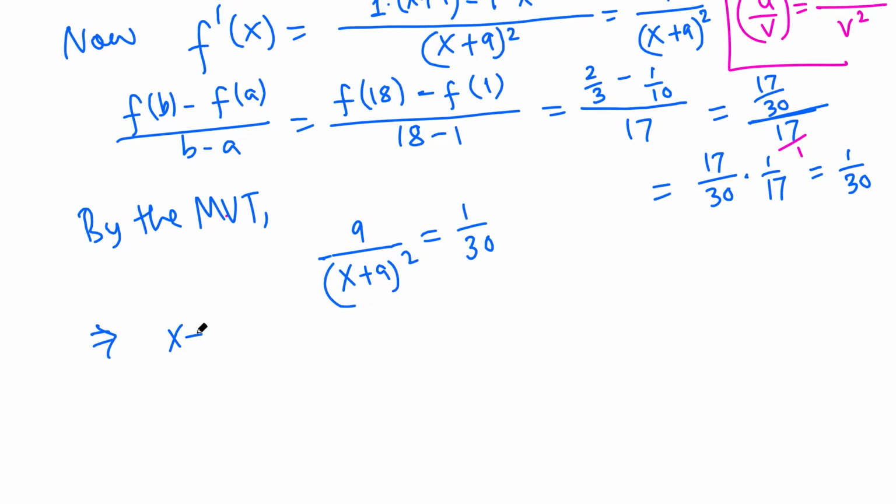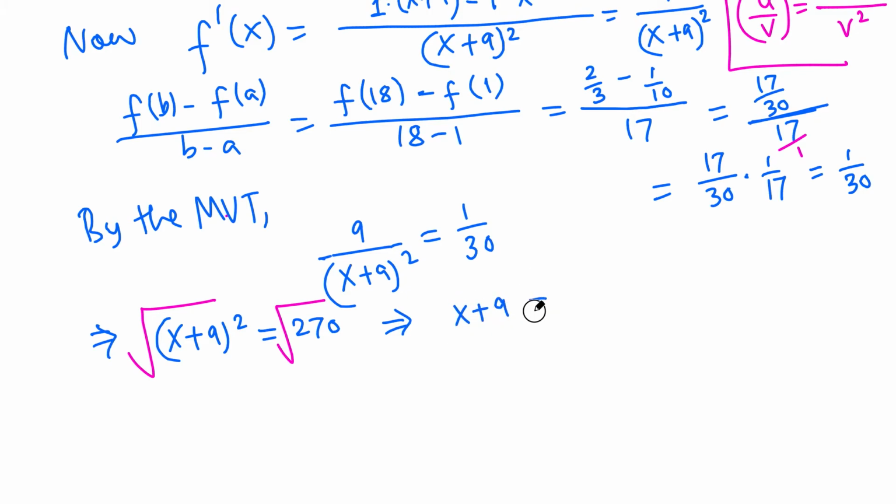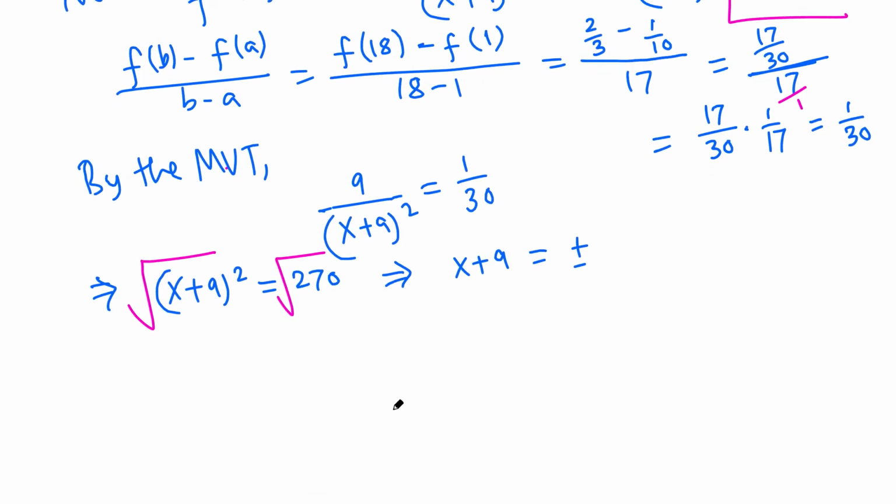So x plus 9 quantity squared is equal to 270. Now we got a square. That means let's take the square root of both sides. Okay, that gives us x plus 9, in fact absolute value, but we don't write that. We just write plus minus on the right hand side. And the square root of 270.